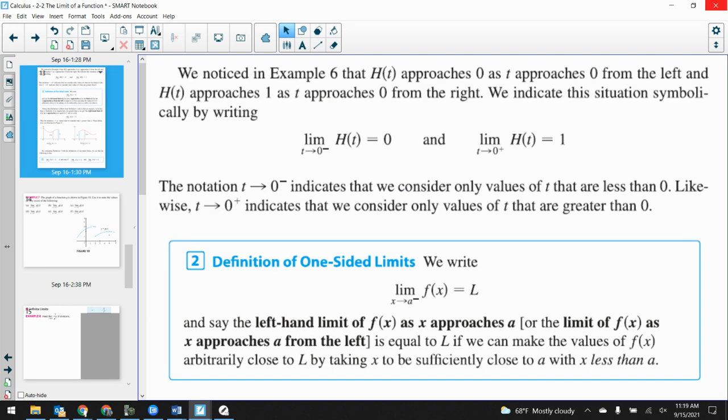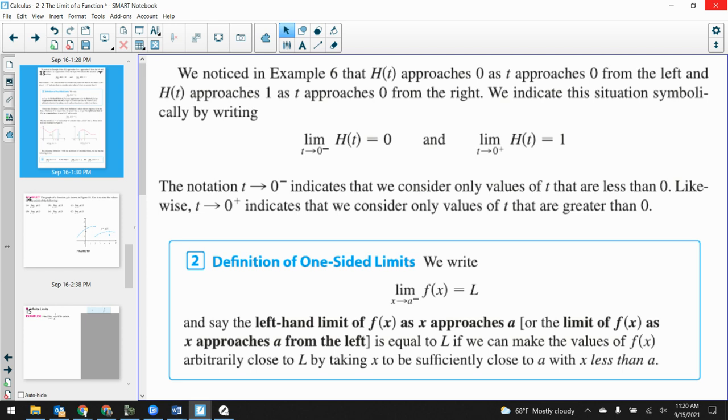And here's our formal definition. This is our definition of one-sided limit. The notation that we use to say that it's coming from the left is to put a little negative sign almost like an exponent type thing, yeah? Don't think of it as a negative exponent, but that's where it goes, like a minus sign as a superscript, okay?